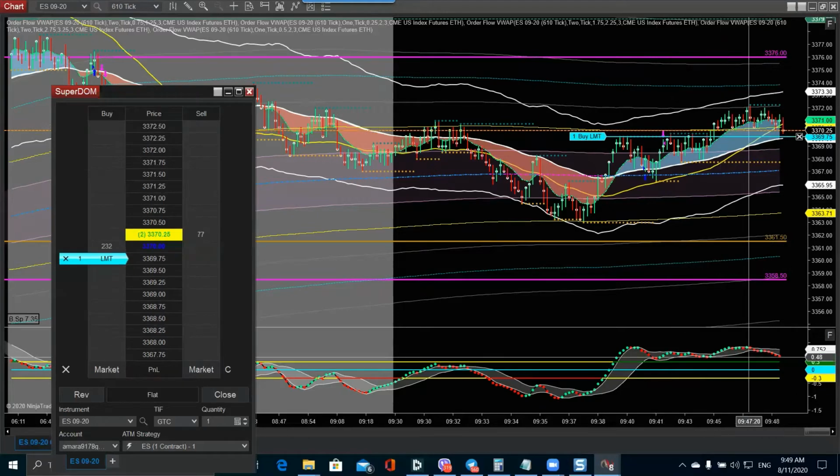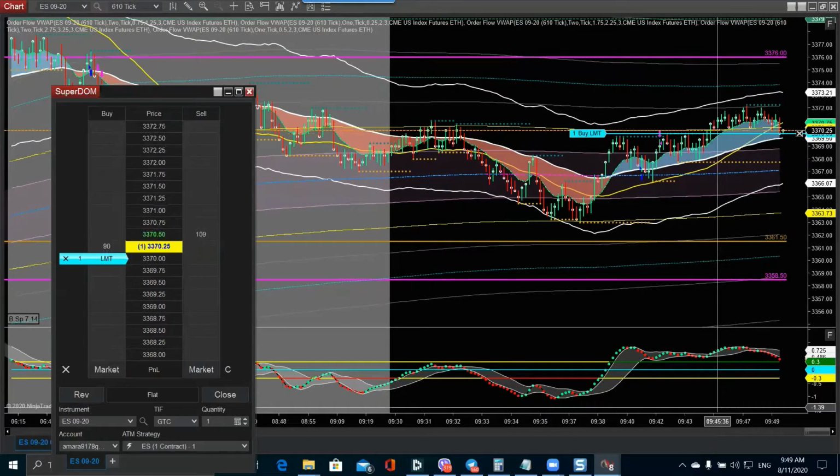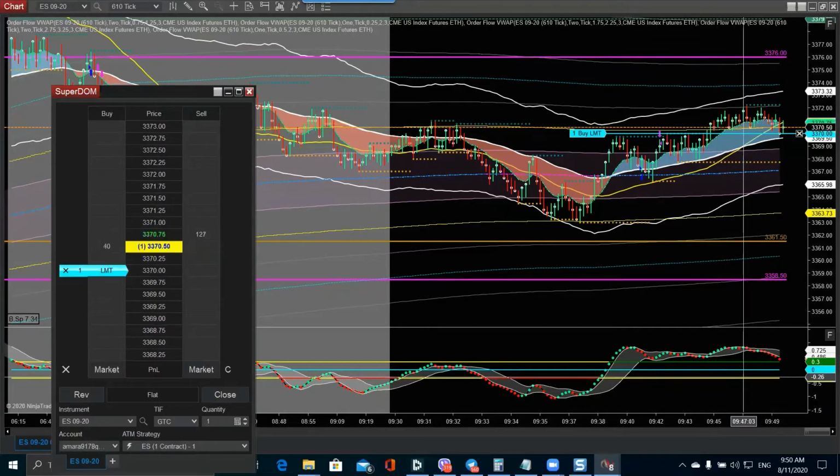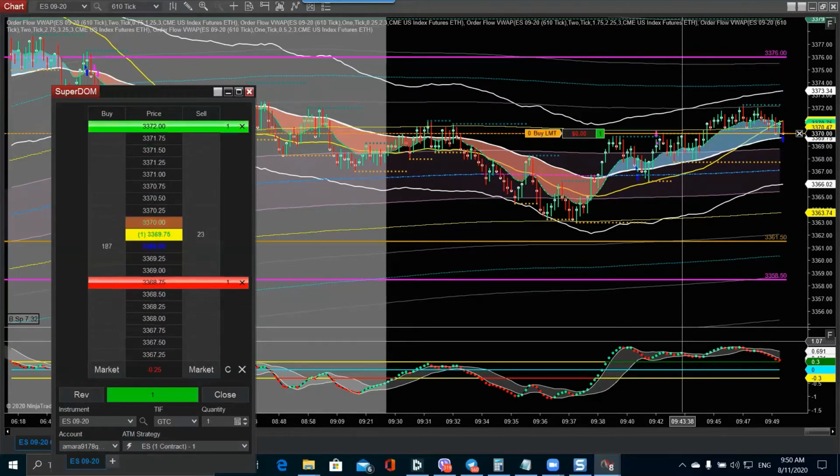Again, we're still above the +30 here on the MACD. See if we can get filled here. Order filled.